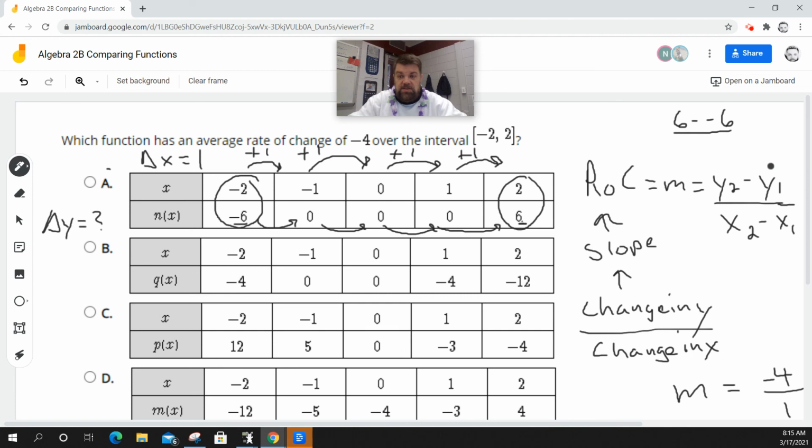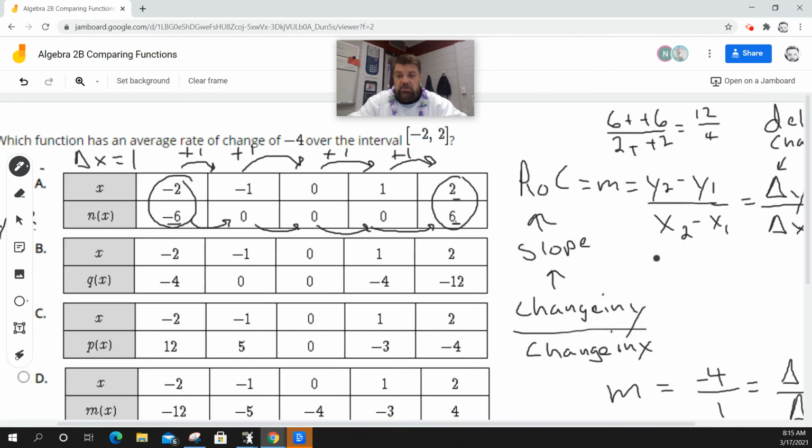The y sub 2 minus y sub 1. And then I have to remember that I'm going to put 2, and then I'm going to subtract -2. And so this becomes a plus, and I get 12 over 4, and that reduces down to 3. And it's a +3. And remember, we're looking for something that gives me a -4. Okay.